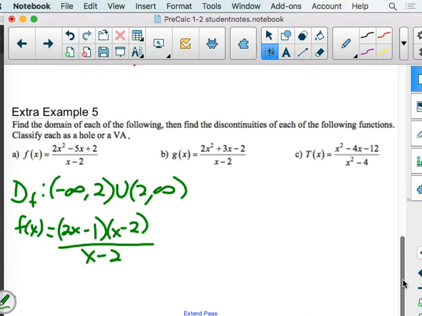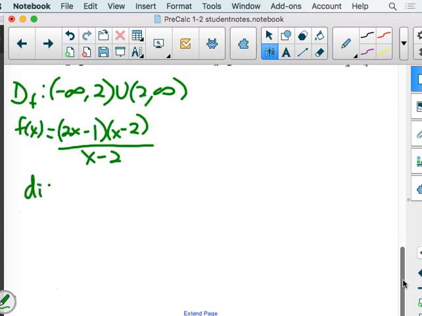But to get to 5, we would need negative 4 minus 1. So now what we're supposed to do is algebraically, because it said find the domain of each of the following, then find the discontinuities of each of the following functions. It didn't say graph it. Algebraically, let's find it. So, is it going to cancel or not? So this is discontinuous at x equals 2.